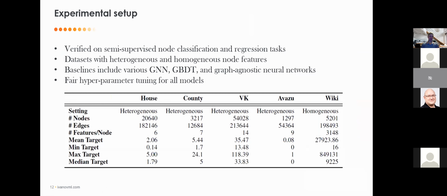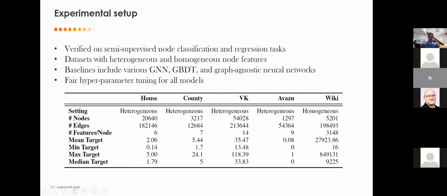We included the baselines with different types of GNN, GBDT, and also graph agnostic neural networks such as MLP. And we ran all the models from scratch with fair hyperparameter tuning, trying to get the best performance for each model.